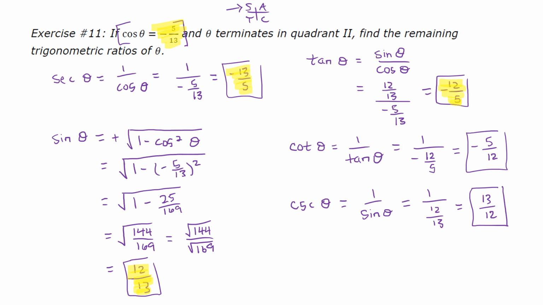The cotangent of theta, which was negative 5 over 12. And the cosecant of theta, which is 13 over 12. Since theta terminates in quadrant 2, the only 2 trigonometric functions that will be positive will be sine and cosecant. All right, that concludes the presentation for 1.4.